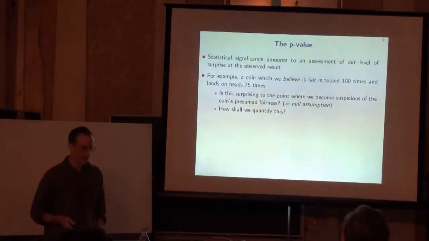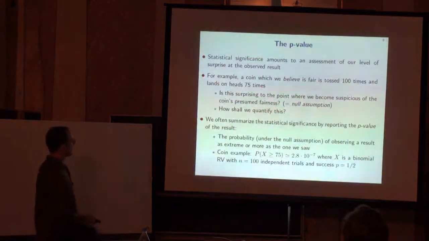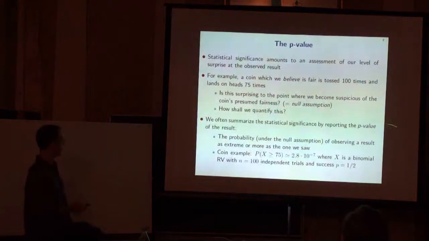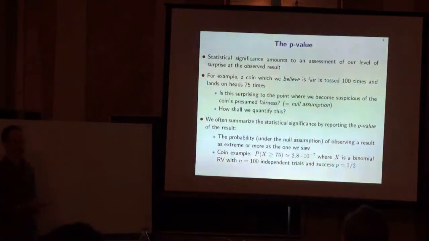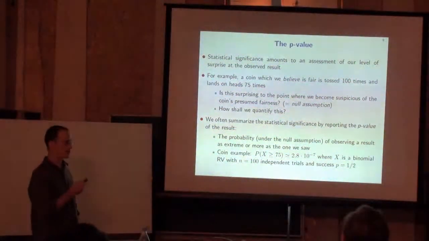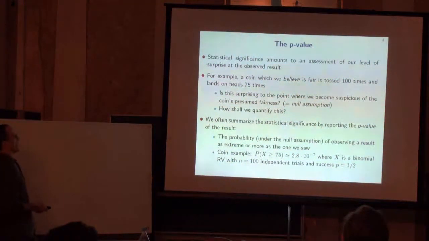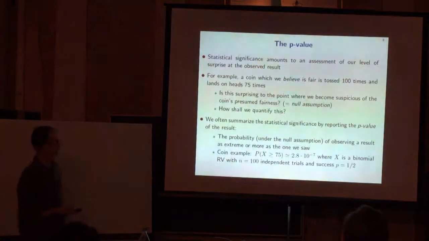And how shall we quantify this? Statisticians often do that by reporting the p-value of the result. What's the p-value? It's simply the probability, assuming the null assumption is correct, that this is a fair coin, of observing a result as extreme or more than the one we saw.